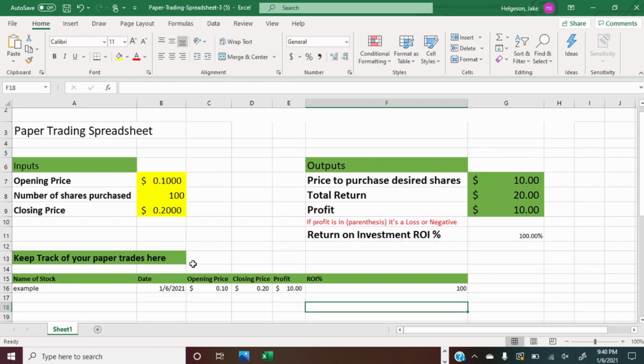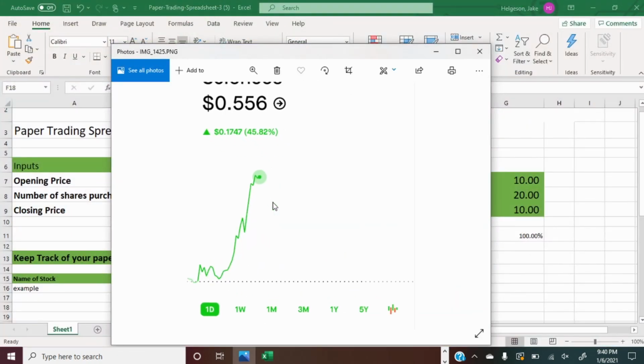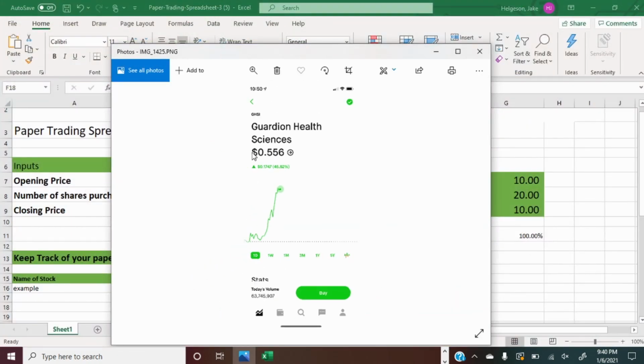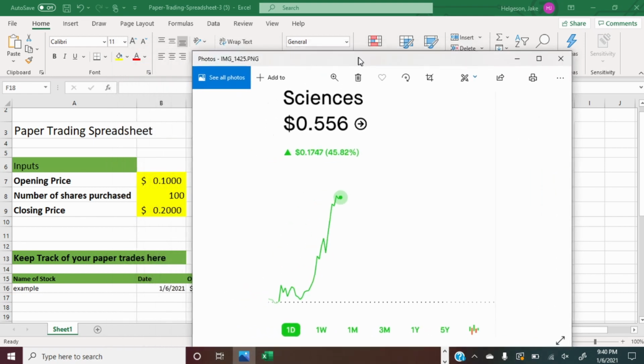Okay, so I actually have an example from the other day though. So let's look at this here. This one's from GHSI, or Guardian Health Sciences, and this was actually one that I invested in and made money off of. Okay, so let's look at this here.